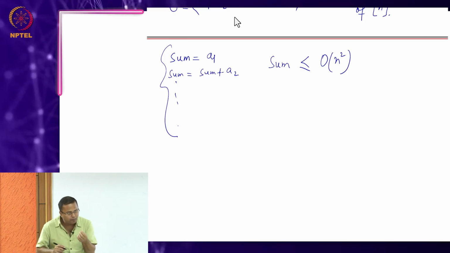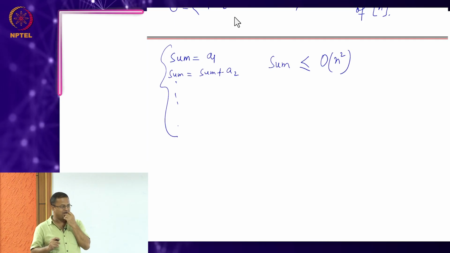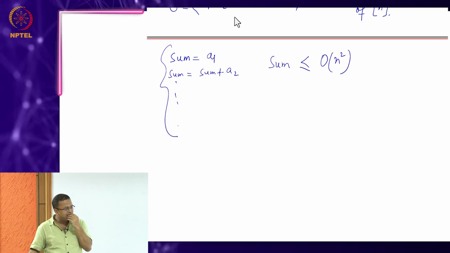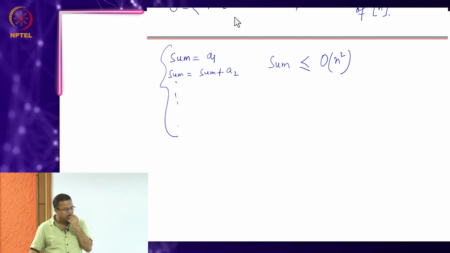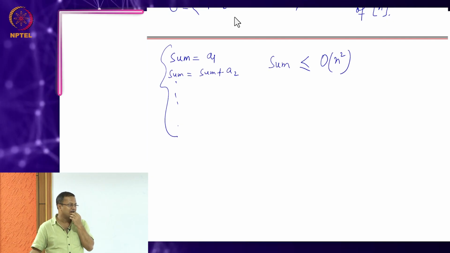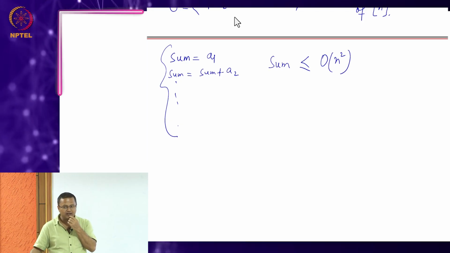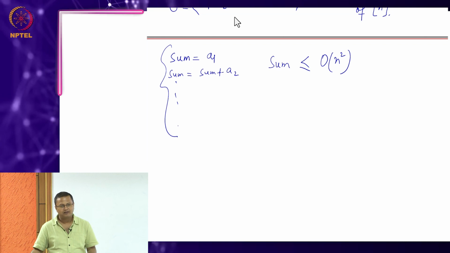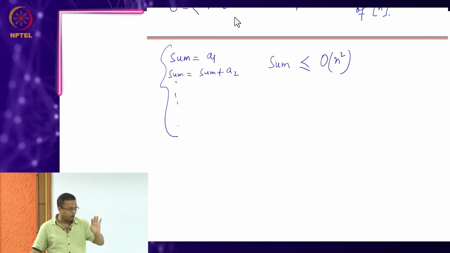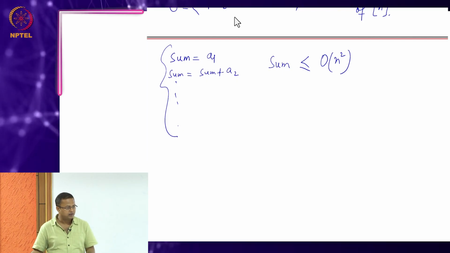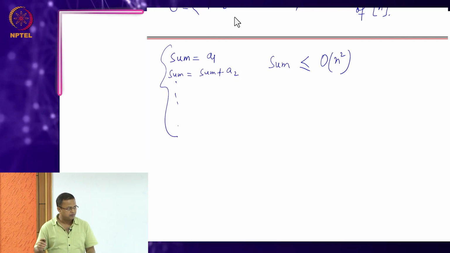To represent a number n, how many bits do I need? Log n. To represent a number n square, how many bits do I need? Right? Order log n. So, to represent any number that is polynomial in n, I require order log n, right?